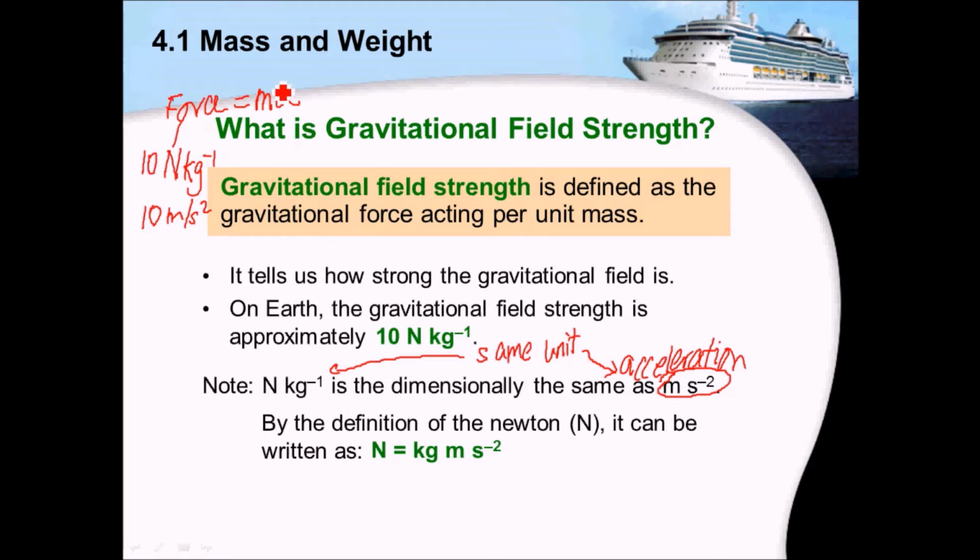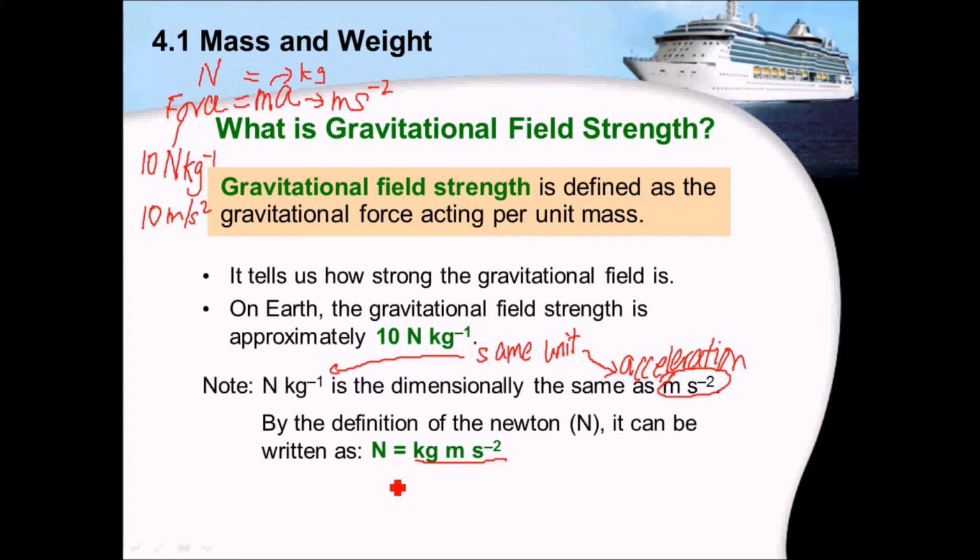Mass is in kg, and acceleration is in meter per second square. So Newton is kg meter per second square, because force is Newton. Understand? So that's how you get this relationship.